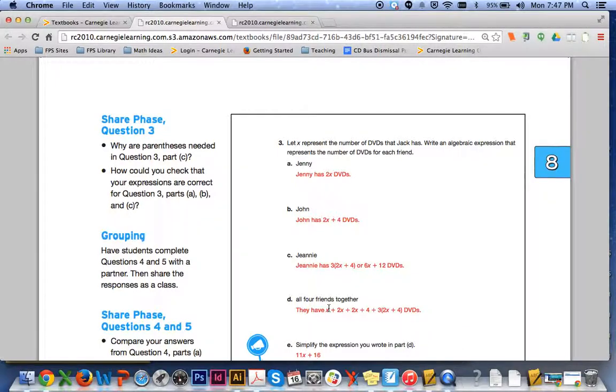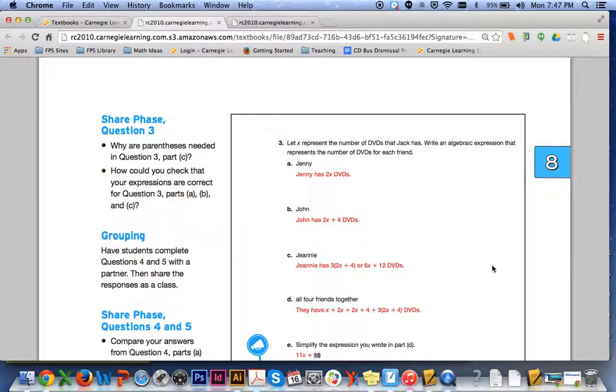So if we combine all those, we can combine all the x's and we combine all the numbers. So x plus 2x is 3x, plus 2x is 5x, plus the 6x that we distributed would be 11x. Then for the numbers, we have 4 plus 12, which would give you 16 total.